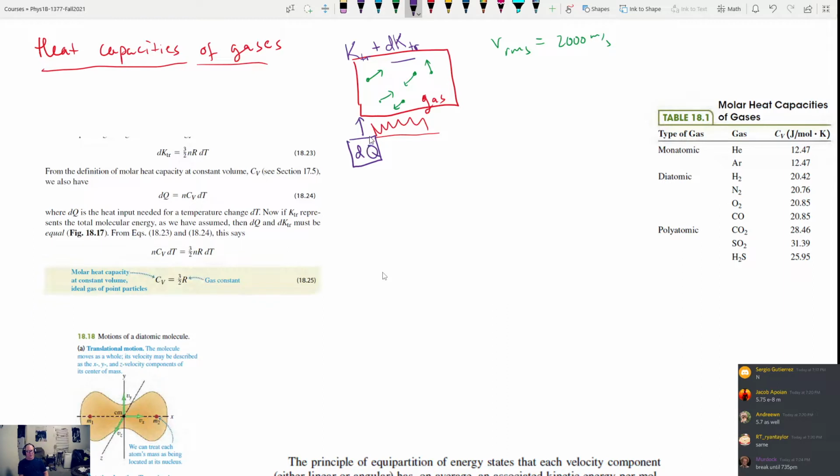Any increase in translational motion of the gas must be due to this. So we should be able to equate the amount of heat that we put into the gas to the increase in kinetic energy of the gas, right? To put this in words, the heat added must be equivalent to the increase in kinetic energy. That's where the d is, because it's a change in kinetic energy.